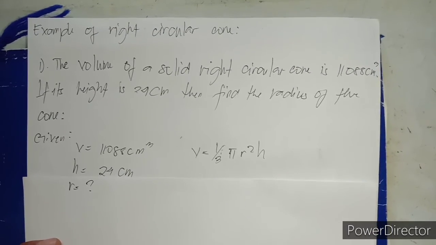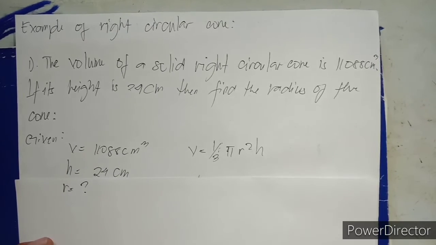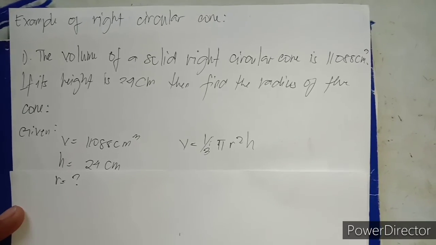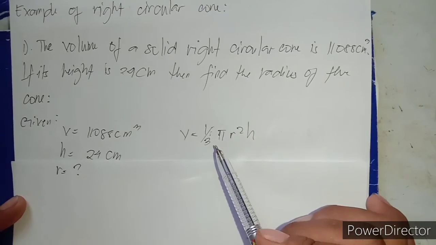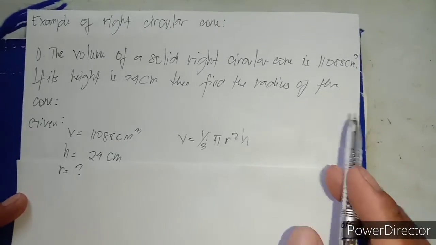So with the given values, the volume is 11,088 cubic centimeters. The height is 24 centimeters. The formula for the volume of a right circular cone is volume equals 1/3 times pi r squared times height.